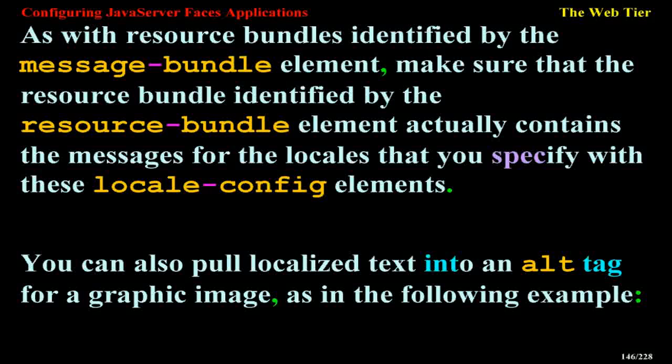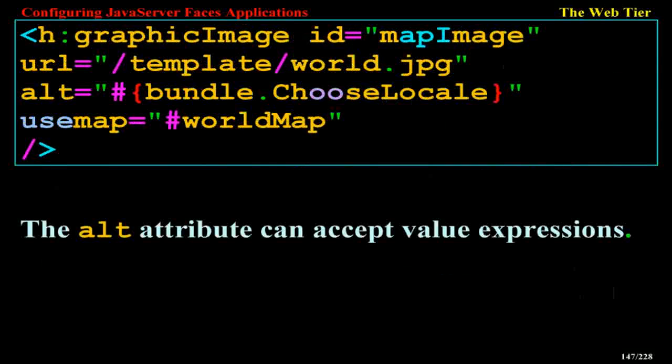You can also pull localized text into an alt tag for a graphic image, as in the following example. <h:graphicImage id="mapImage" url="/template/world.jpg" alt="#{bundle.chooseLocale}" usemap="#worldMap"/>. The alt attribute can accept value expressions.